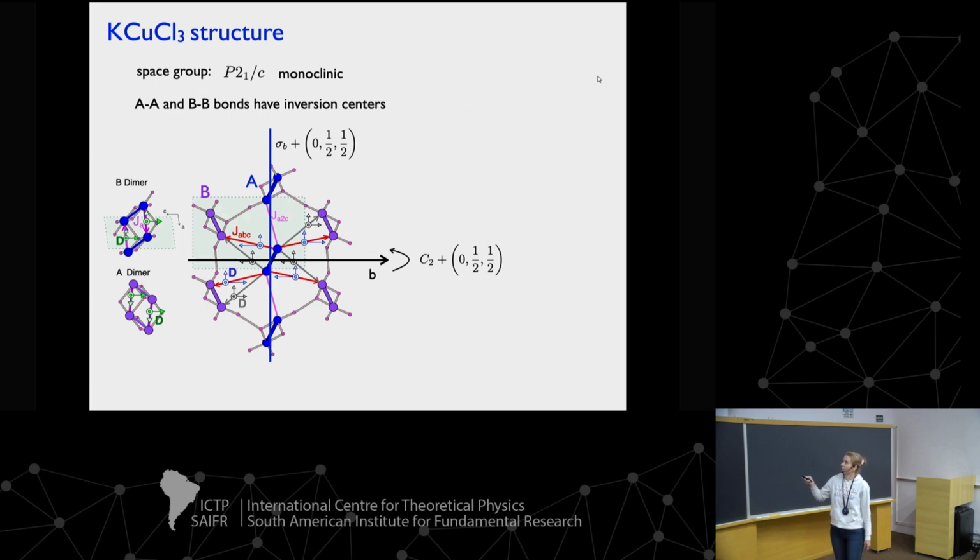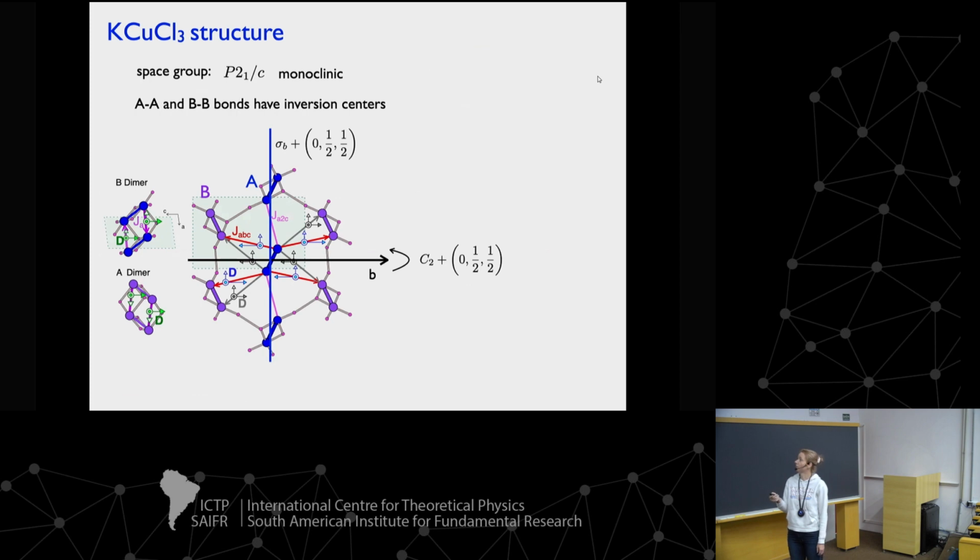You can see from this picture that once you apply this mirror plane, the A type of dimer will go into the B type of dimer, and then you have to shift it by these half lattice constants to map it back onto the original lattice. Very similarly, we have a C2 axis about the b axis, which is also a non-symmorphic symmetry. We need these half translations.